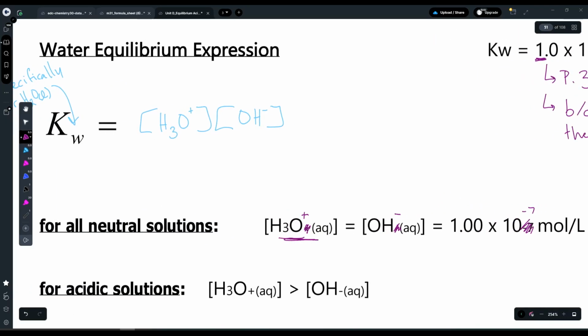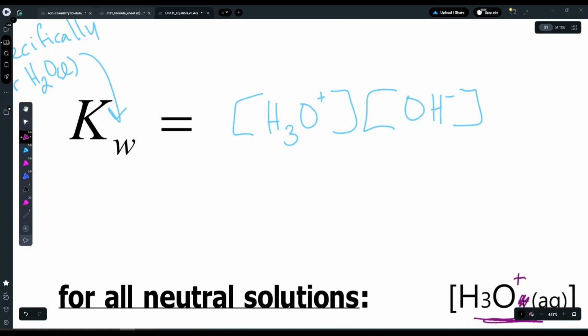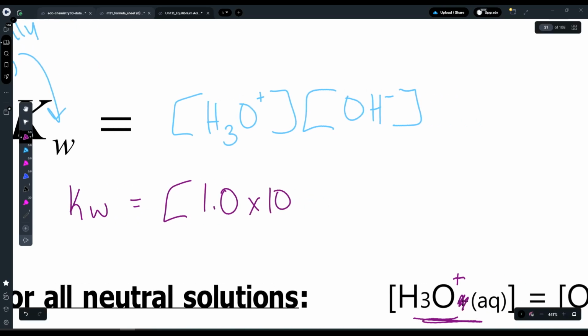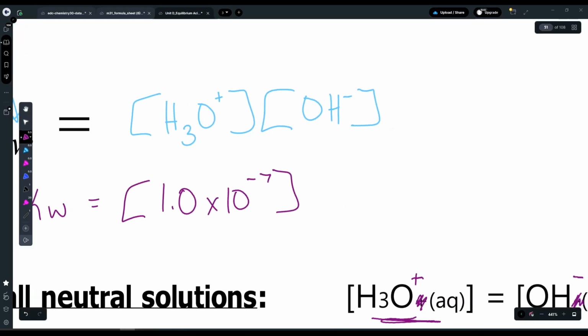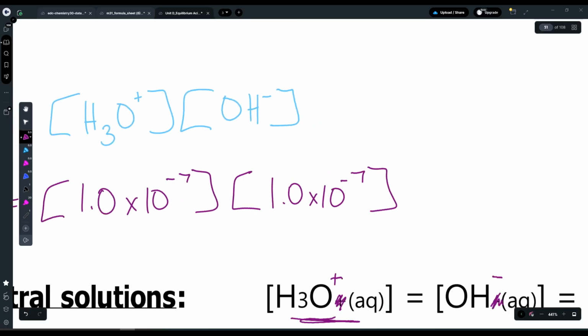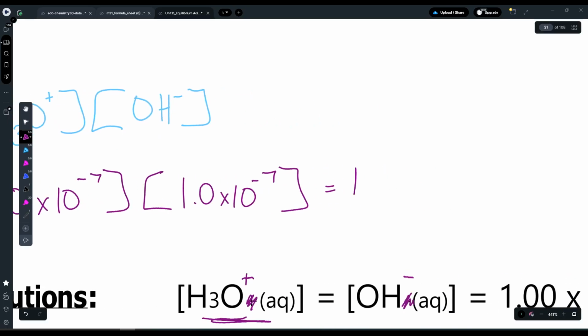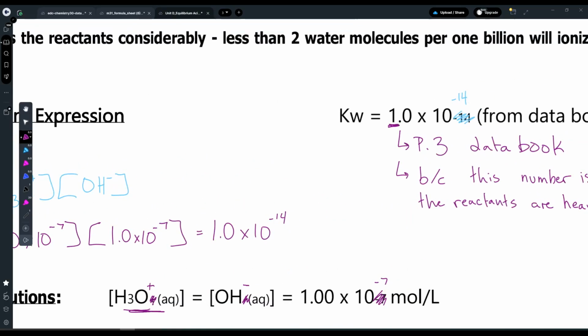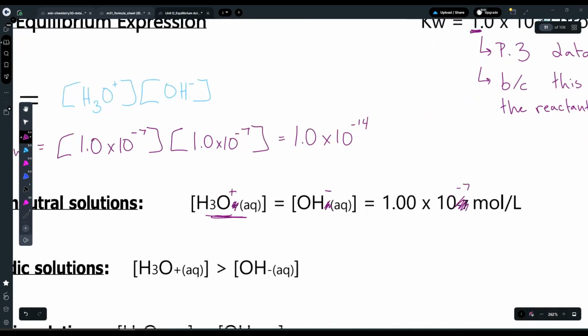If we wrote this out underneath our equilibrium law expression, our Kw is equal to, assuming this is for a neutral solution, 1 times 10 to the power of -7 for the concentration of hydronium and hydroxide, which, if you multiplied those two numbers together, would give you 1 times 10 to the power of -14, which is the equilibrium constant for the autoionization of water.